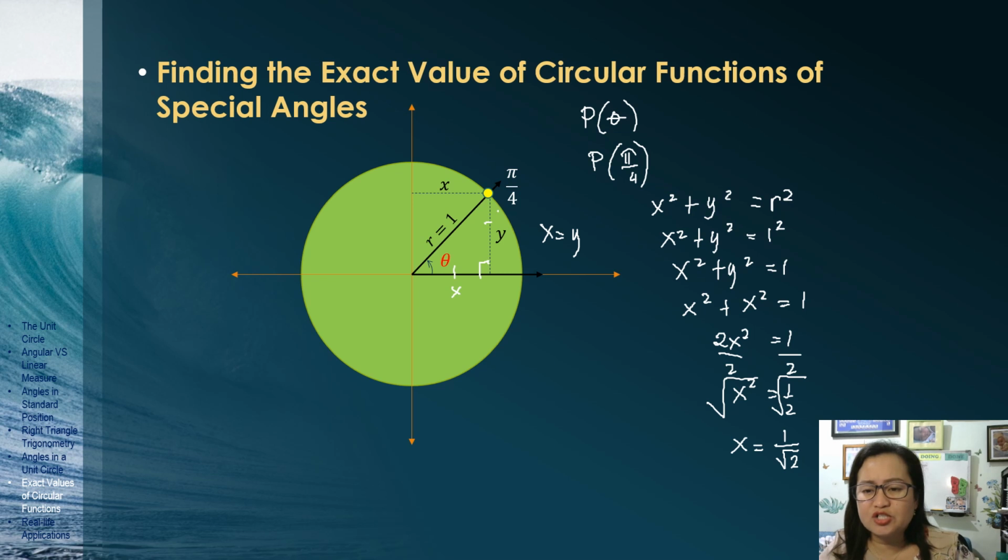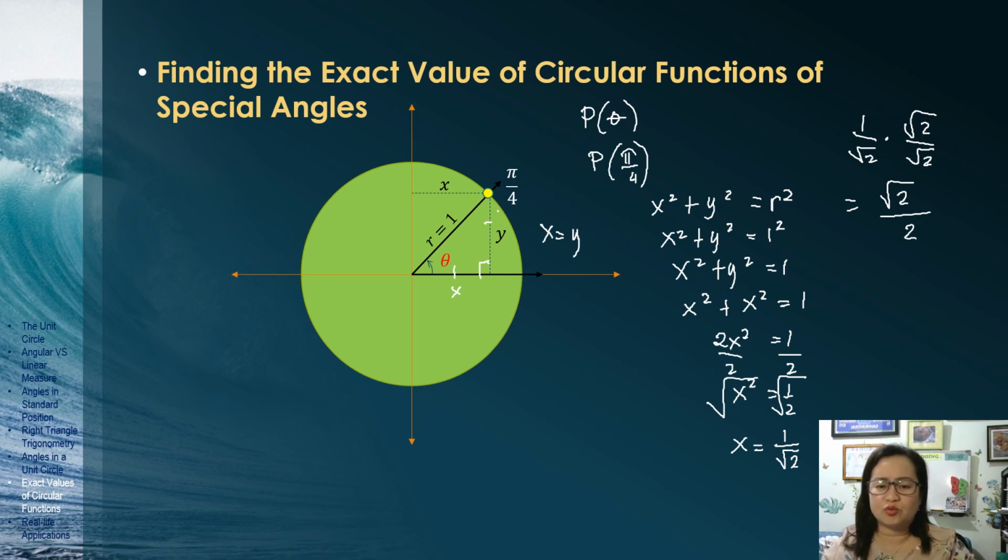So we rationalize 1 over square root of 2 by multiplying that number by square root of 2 over square root of 2. So 1 times square root of 2, that is square root of 2. Now in the denominator, 2 times 2, we will have 4. Square root of 4, we will have 2. So therefore, x is equal to the square root of 2 over 2.